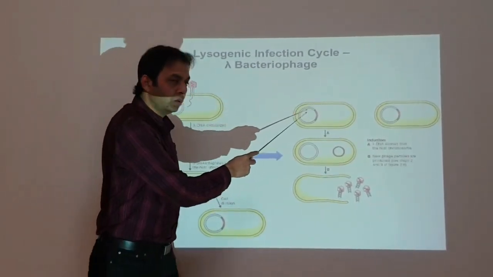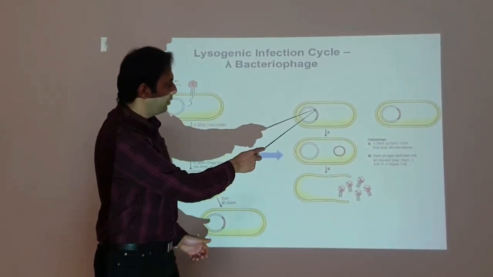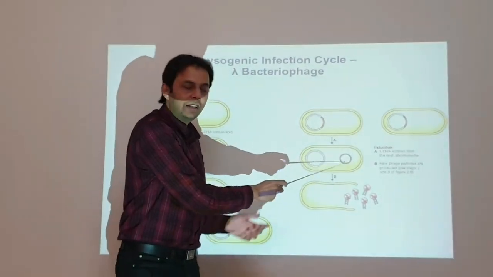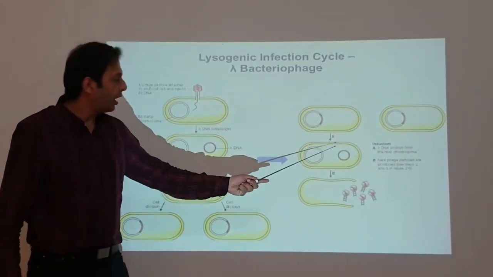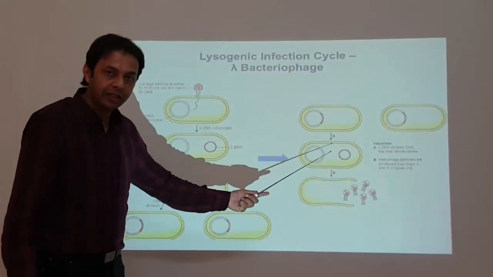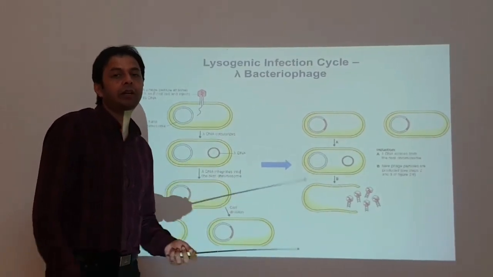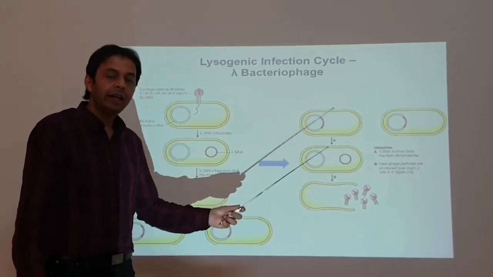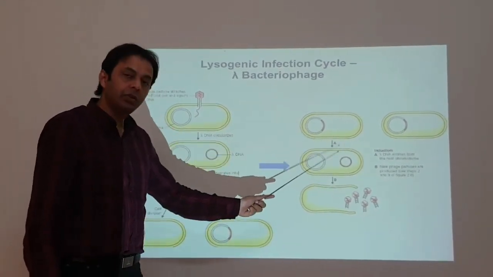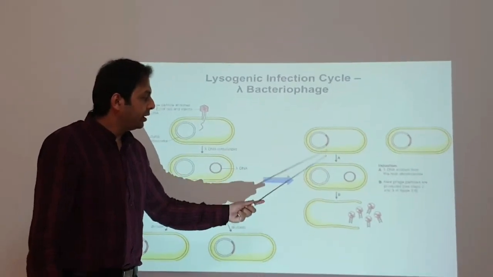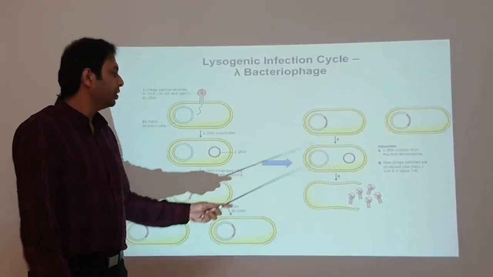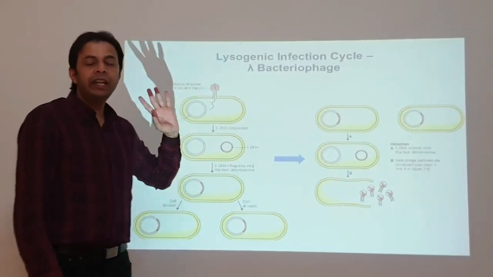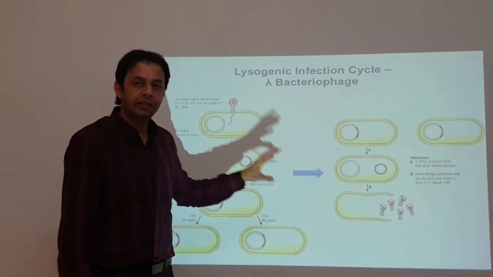The viral genome excises itself from the bacterial genome and replicates itself, and after replication it carries out transcription and translation and synthesizes so many capsids. Ultimately this viral genome is packaged into those capsids. So the bursting of cells takes place, but it's a delayed bursting, a delayed lysis of the bacterial cells.